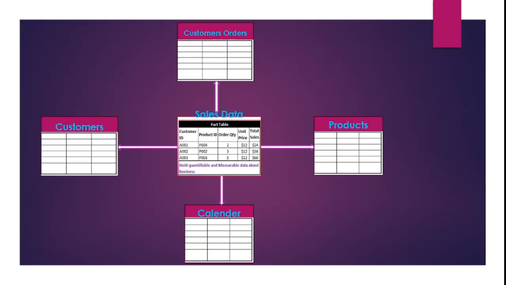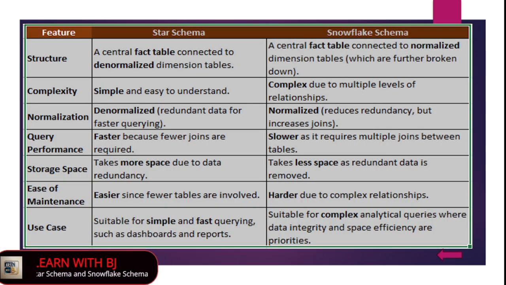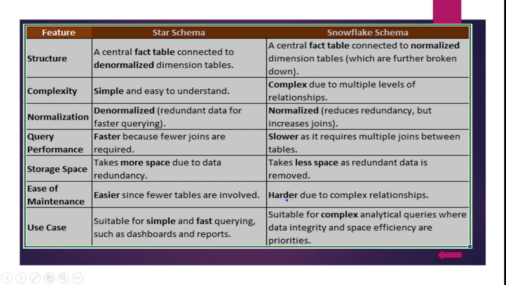When you come here, you can see we have 5 tables, the fact table and the 4 dimension tables around it, as opposed to a Snowflake schema where we have 2 additional tables, making them 7 tables. So that makes the maintenance a bit harder. So this is what we mean here, harder due to complex relationships.